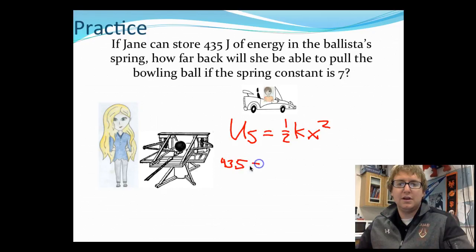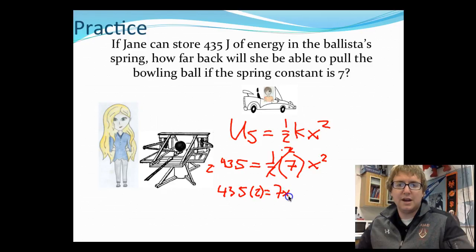435 equals 1/2 times k, which is 7. We just grab that right out of the problem and put it in, times x squared. Now we just solve for x. Multiply both sides by 2, and those 2's cancel. We get 435 times 2 equals 7x squared.